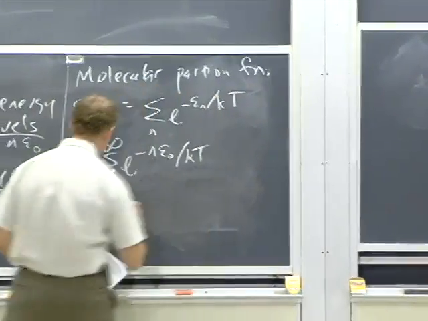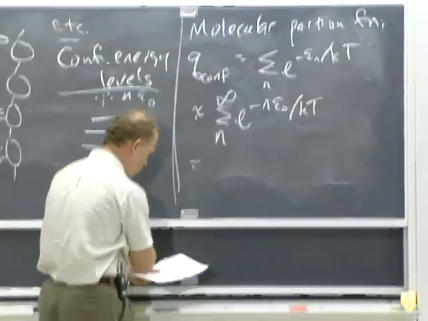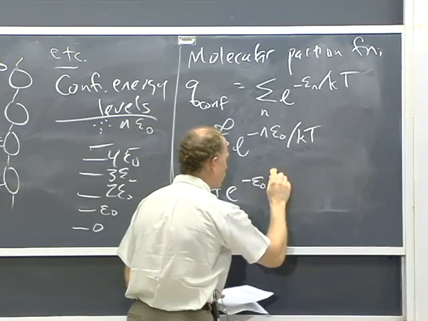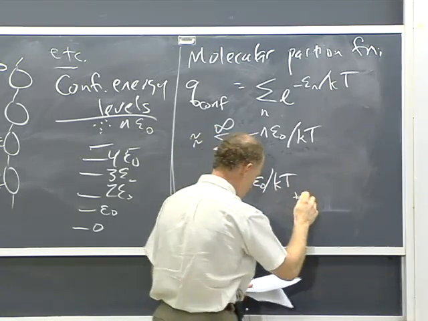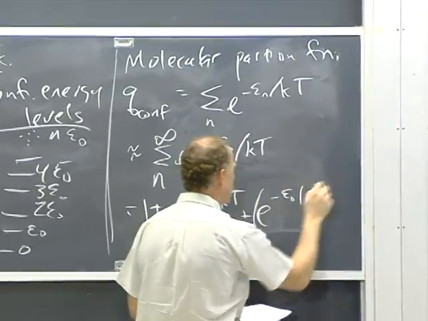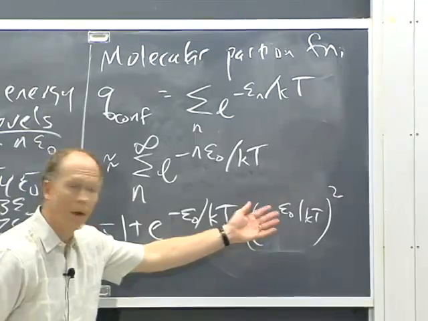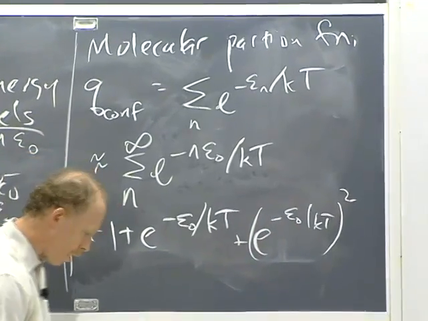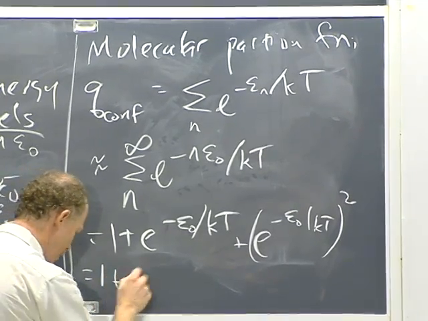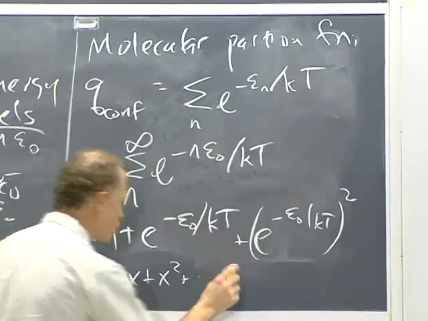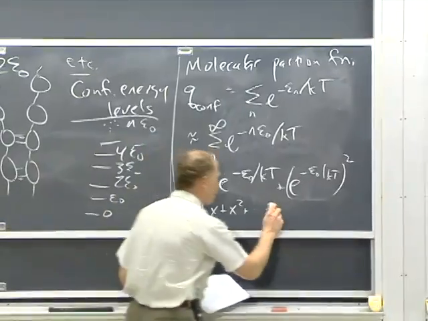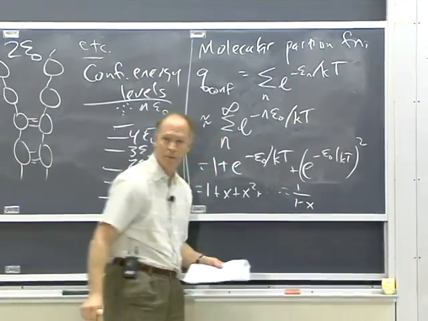So now if we just write out a few of the individual terms in the sum, it's 1 plus e to the minus epsilon 0 over kT plus e to the minus epsilon 0 over kT, I'll write this as squared, e to the minus 2 epsilon 0 over kT, and so on. So this has the form of a sum that looks like 1 plus x plus x squared, and so on. And because the sum goes to infinity, we can simply write it as 1 over 1 minus x.